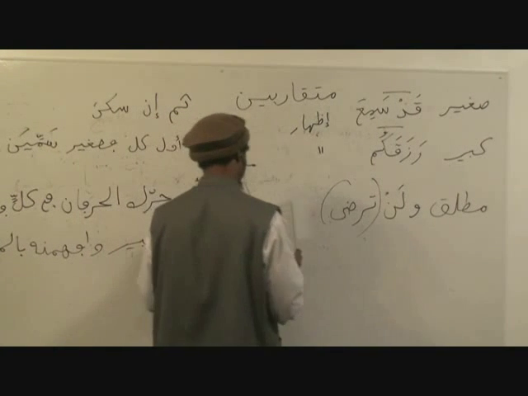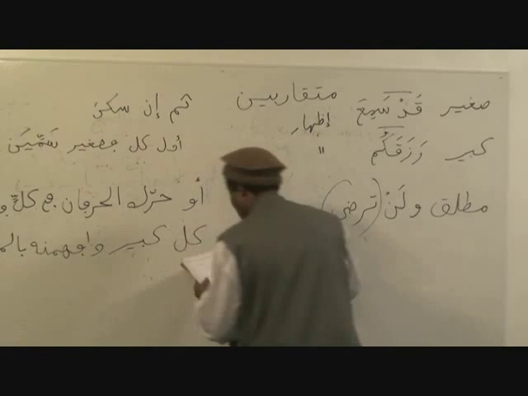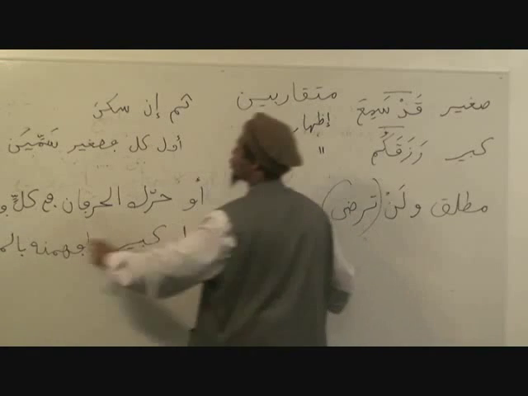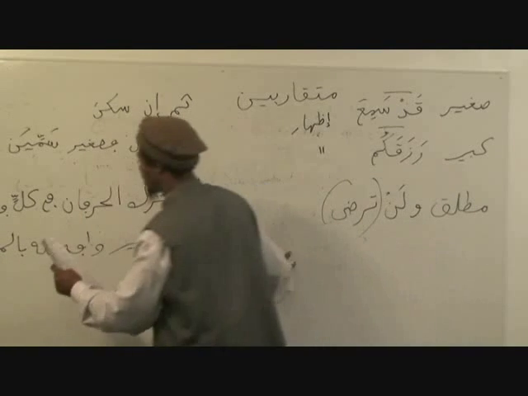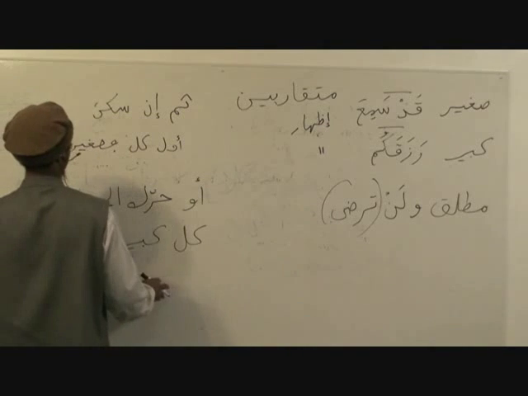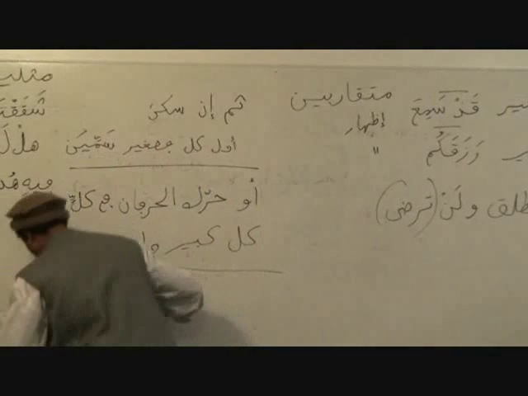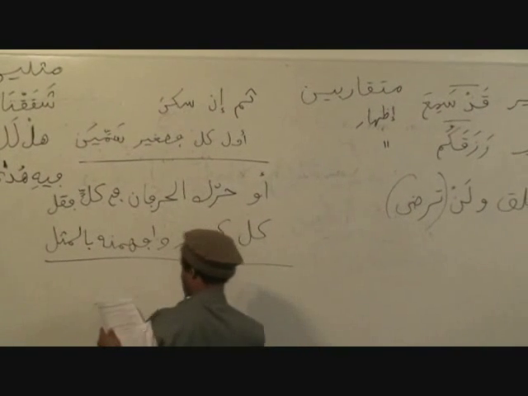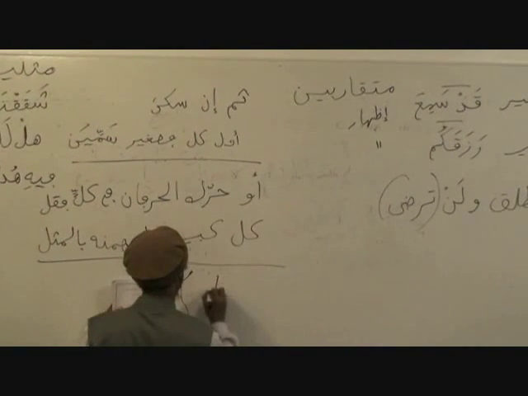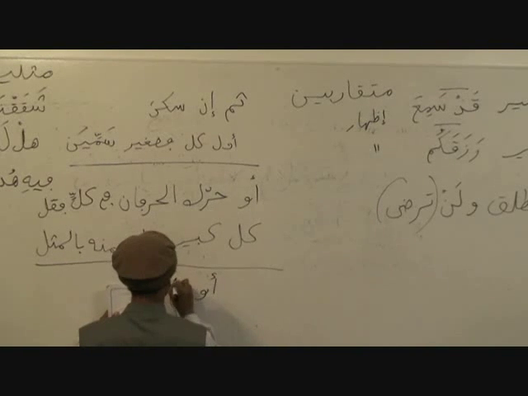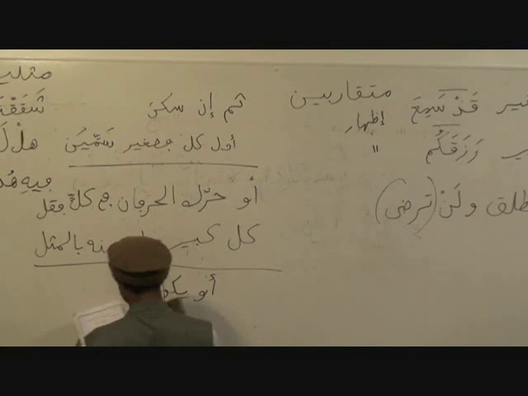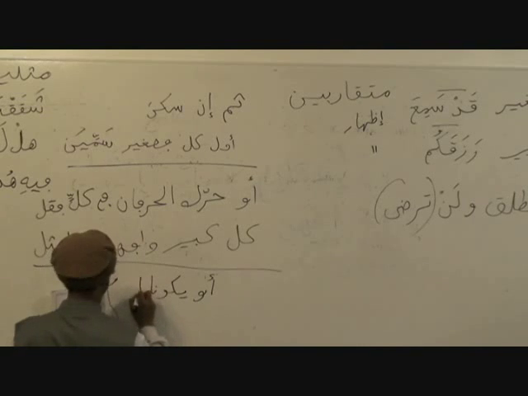Okay? So here I'm going to put it down here. I'm going to erase this part. No, I'm going to leave this here. Let me put this line here, and put a line here, and I'll put the third one here.